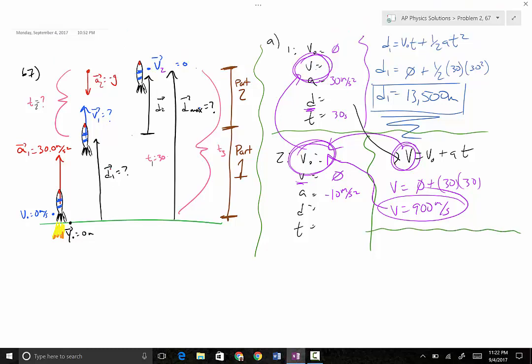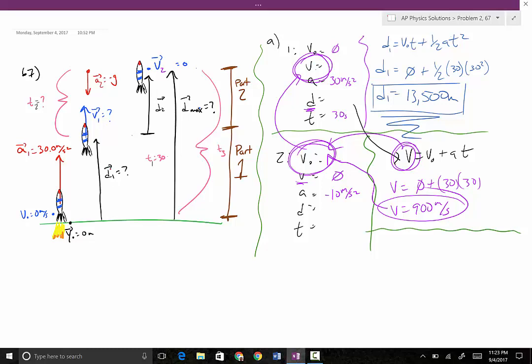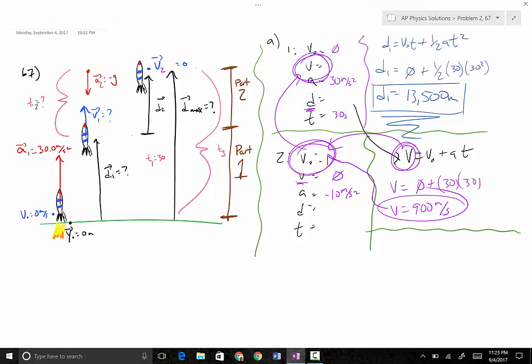Alright. So now that I know that my initial velocity is 900 meters per second, I can find out the displacement for part 2. I know my initial velocity, I know my final velocity, I know my acceleration.